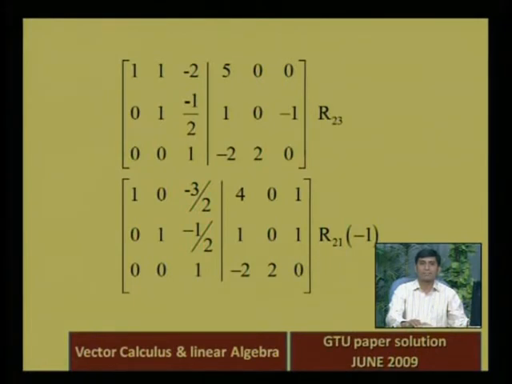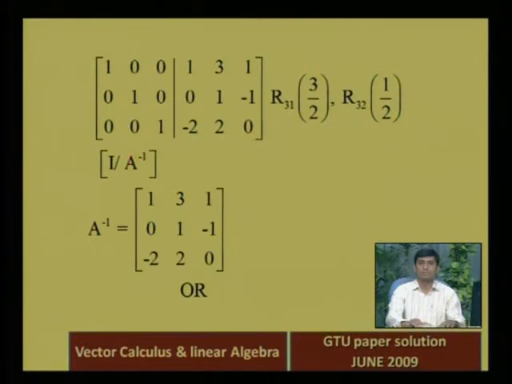So here is the next process, we multiply the third row with 1 by 2 and add into the second row, and we multiply the third row with 3 by 2 and add into the first row. So the left hand side part becomes 1 0 0. Now how we get this part, just try to understand.